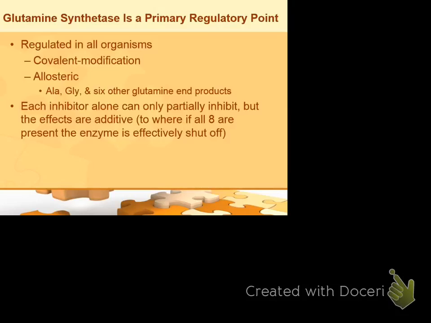This one, since it has so many, it has 8 different allosteric cofactors that can either inhibit or activate it, and the fact that it's additive means you can make it less off than at other times. So you can either completely shut it down or just down-regulate it to 50% or 20% or what have you. Okay.